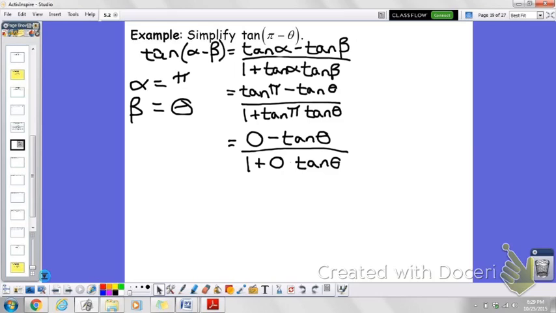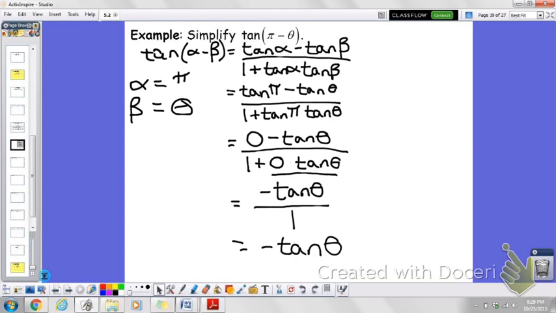Now we can do a little bit more simplifying. We know that 0 times tangent is just 0, and we don't have to worry about the 0 in the numerator, so we will have negative tangent theta over 1. Well, that is just equal to the negative tangent of theta. So that is our final answer.